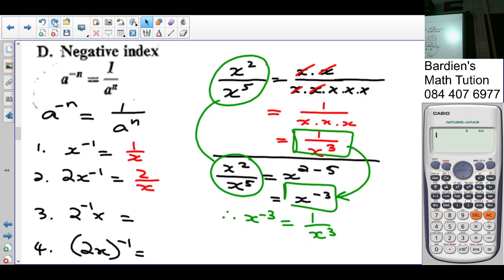Okay, next one. What will the next one be? 2 to the minus 1 times x. The negative is only on the 2, so only the 2 goes down. Make sense?